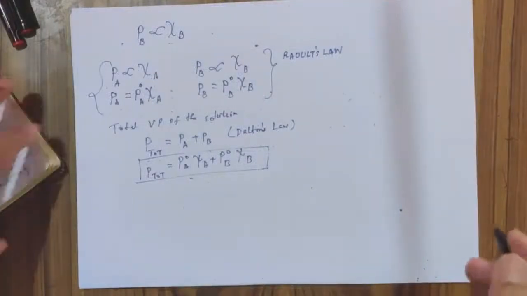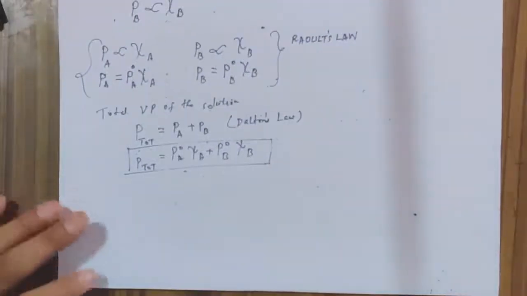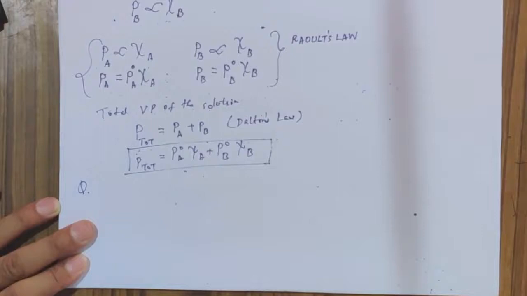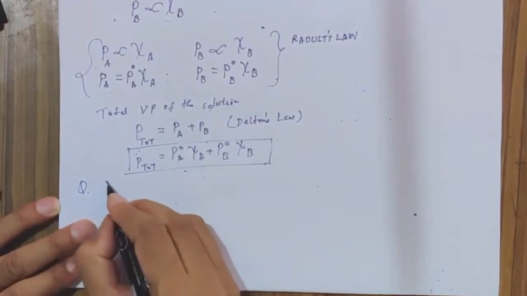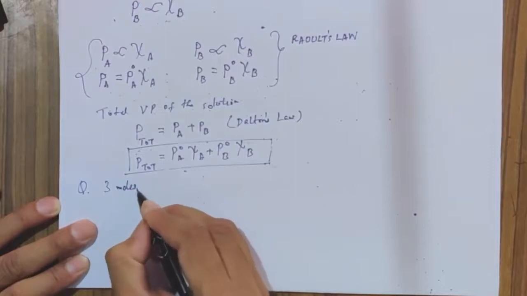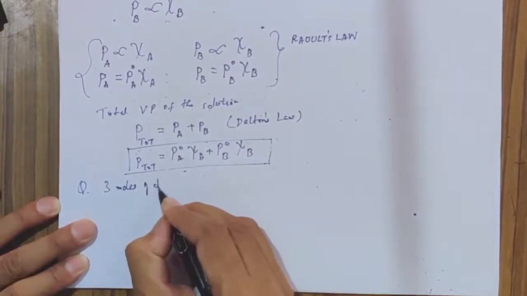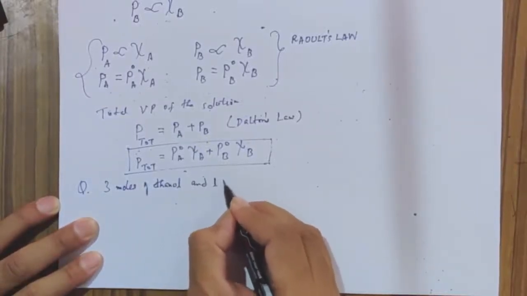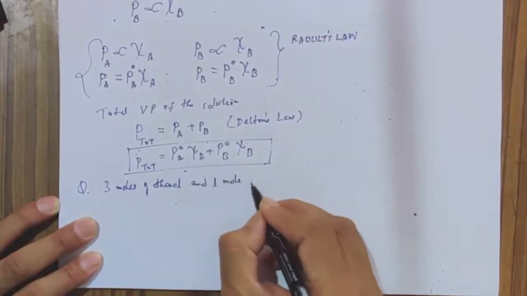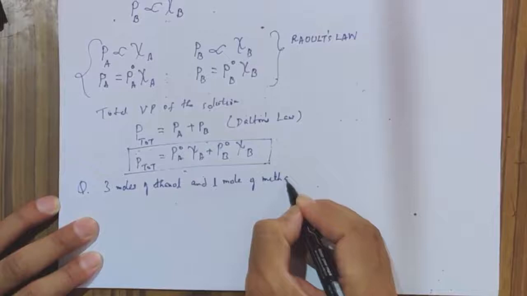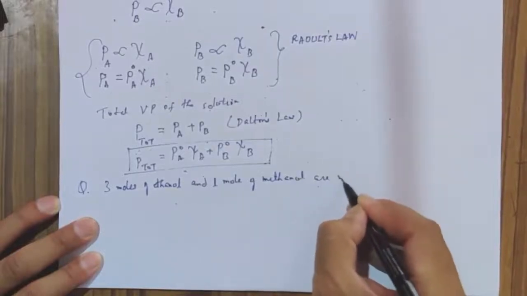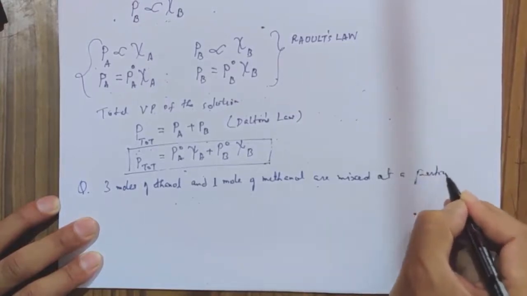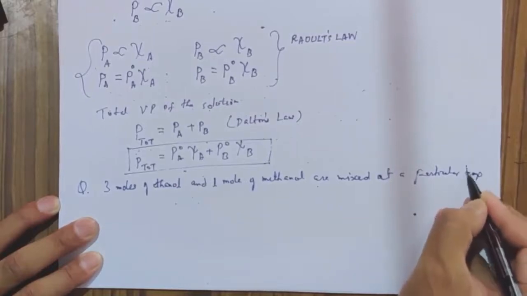Raoult's law and Dalton's law are the same in numerical problems. Now, 3 moles of ethanol and 1 mole of methanol are mixed at a particular temperature.